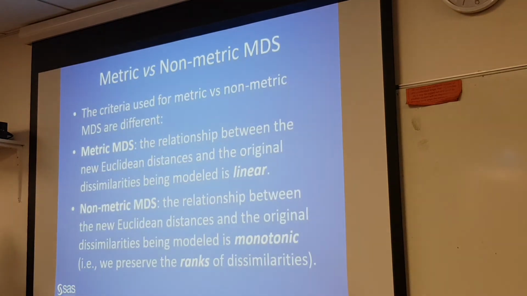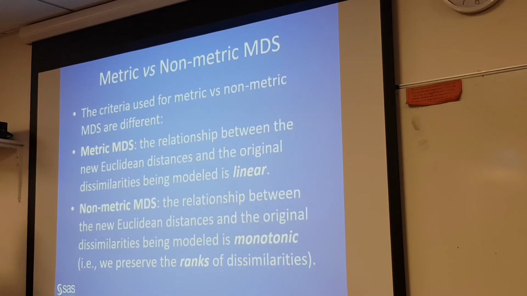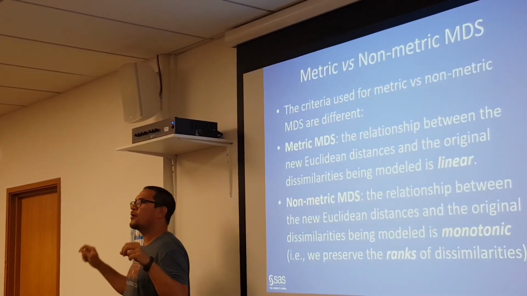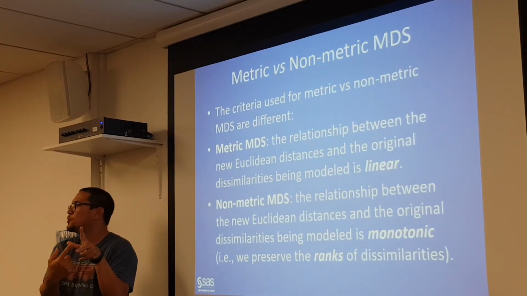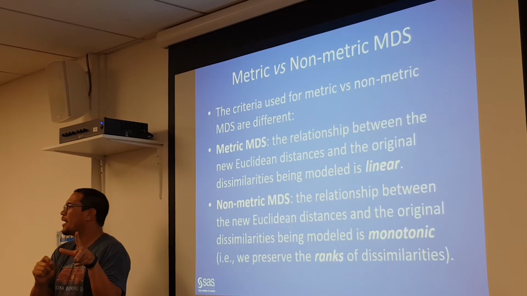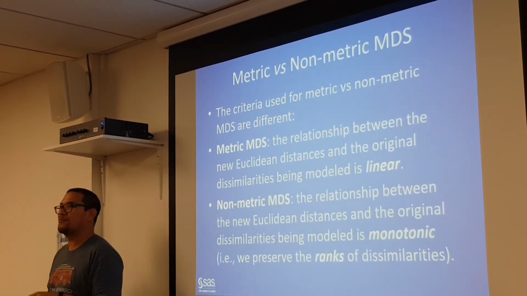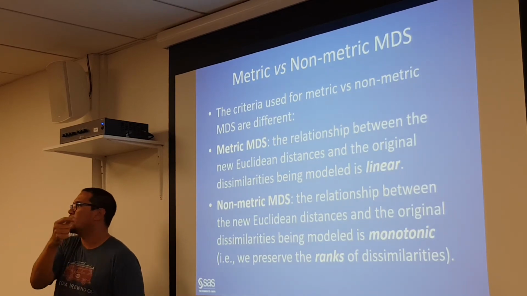Let's say we've got 3 distances, and 3 points. This one is the most distant to one another, so I want to make sure that on the map that I draw, this one is the most distant to one another. That's the only thing that I'm actually looking at. I'm not looking at the actual distance, just the rank of them. These 2 points might be the most similar to one another, so they will be drawn the closest together on the map.